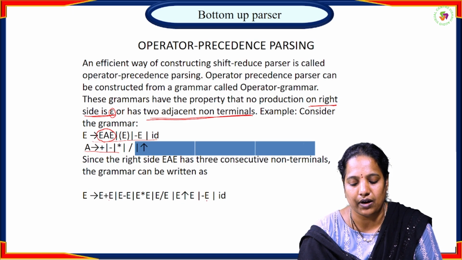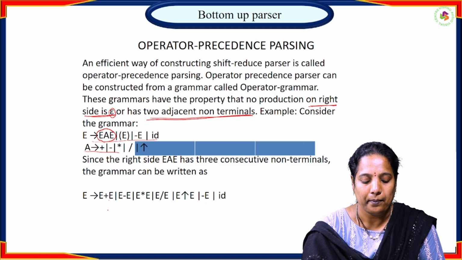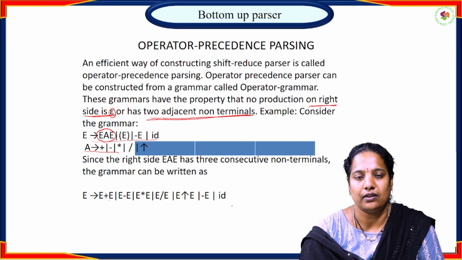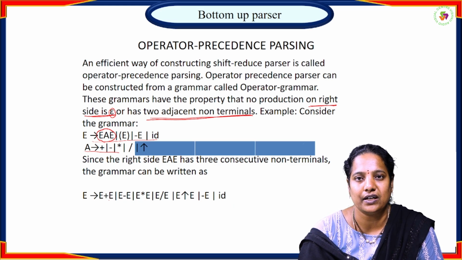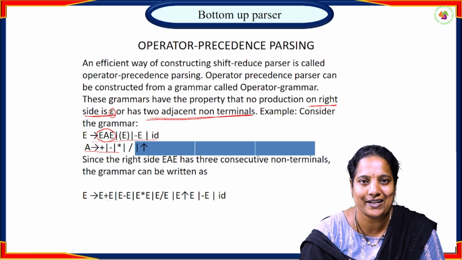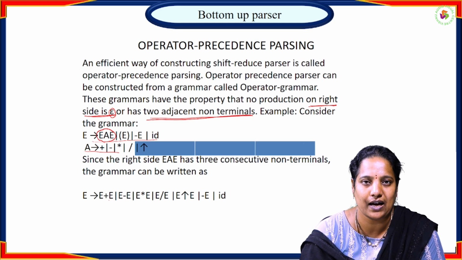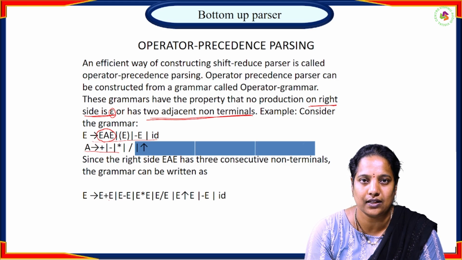By this, when we observe this grammar, it is called an operator grammar. How the operator grammar will be applied to the parser, and how it generates the parsed representation, we will discuss in the next session.